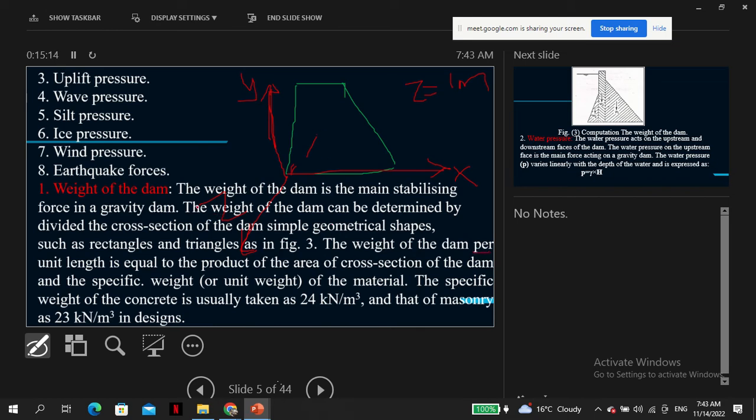So when you are designing, basically you are designing for 1 meter, and this is assuming that, you remember, we are talking about the entire length of the dam. So if the length of the dam is 30, this design is just per unit meter. If you want it for the entire dam, you multiply by 30. But this is assuming that the cross section is uniform, such that you can multiply by 30.